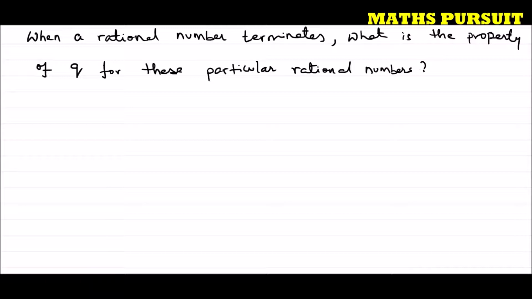Now if I write 1 upon 2, it is a rational number of the form p upon q. Now 1 upon 2 is equal to 0.5. So guys, this rational number terminates because it is 0.5. So here the value of q is equal to 2.